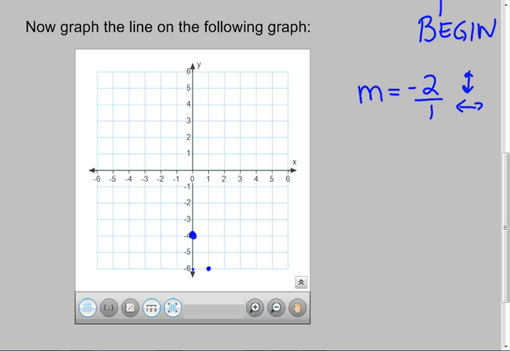And I could reverse it. I could go up 2, but left 1. This is a constant rate of change.